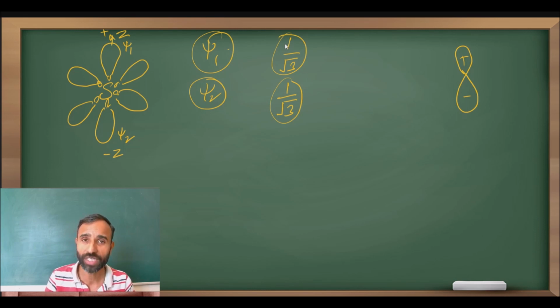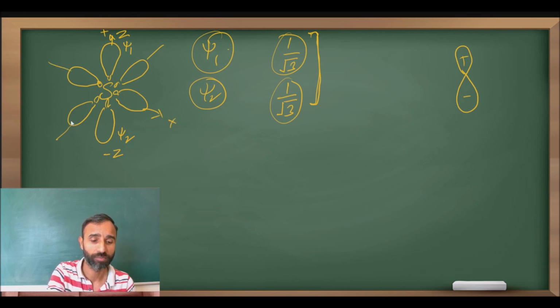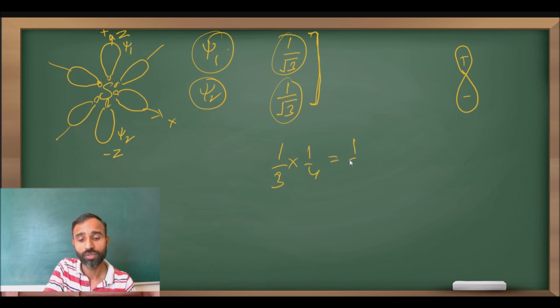The contribution of dz square is 1/√3, 1/√3 for the two hybrid orbitals which are lying on the z axis. Now what about the x and y axes? There are a total of 4 hybrid orbitals. So 1/3 is divided among 4 orbitals. If 1/3 is divided among 4, that means 1/12.